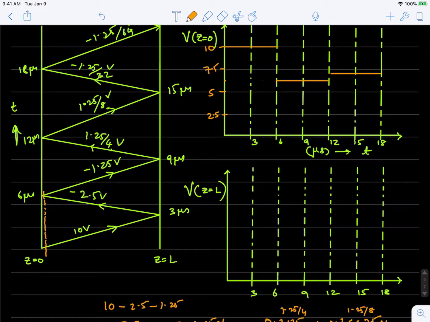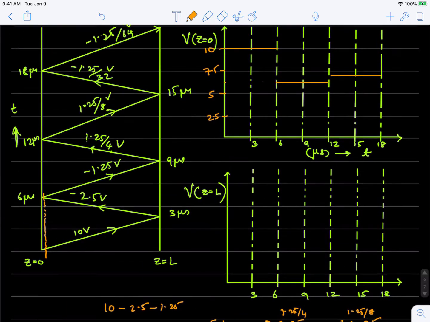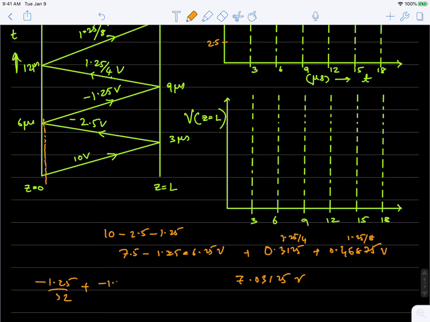We will have a negative voltage, which is minus 1.25 divided by 32 plus 1.25 divided by 64.